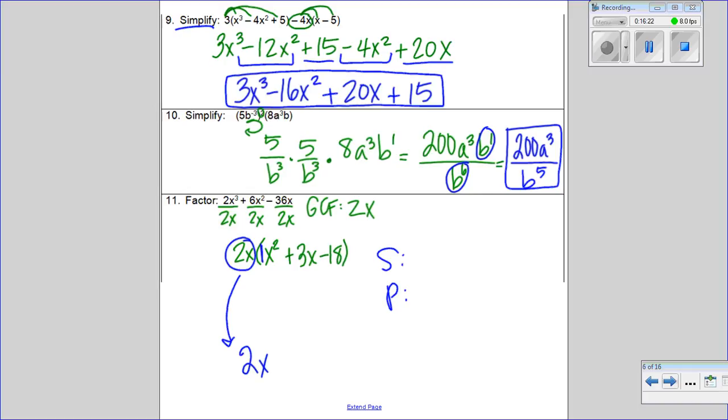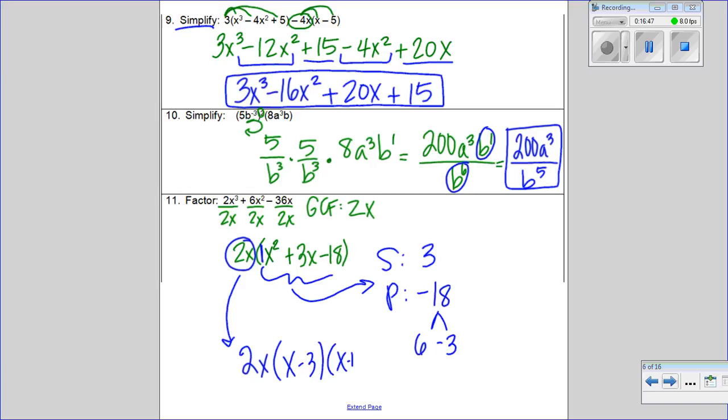Okay, so my sum on this inside part is 3, my product is negative 18. So 6 times negative 3 will give me a negative 18, and add to give me a positive 3. So my factors are going to be 2x times x minus 3 times x plus 6.